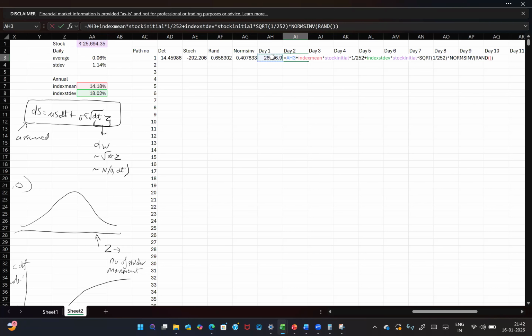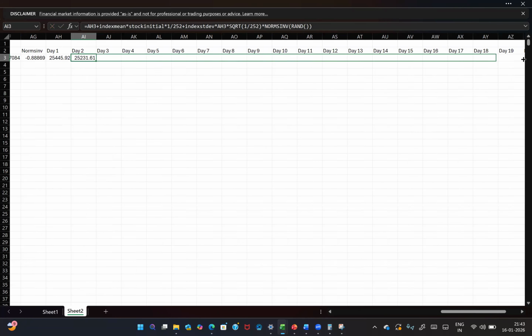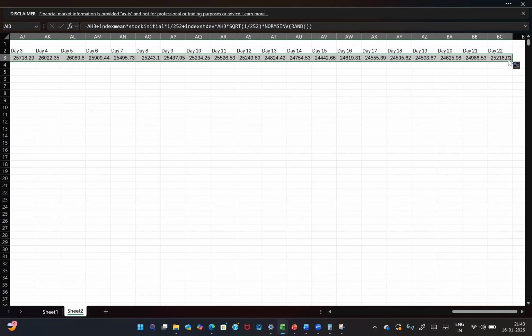Similarly, instead of stock initial, I'll take day one's price as the reference point. So we are now changing the reference to the previous day because simulation is based on the stock value on the previous period. And then I can now drag this formula towards the right.